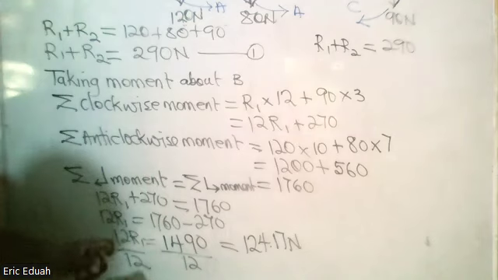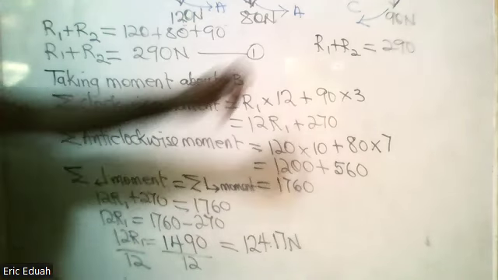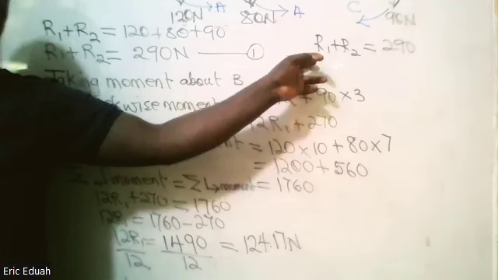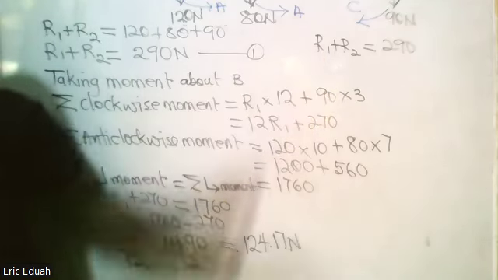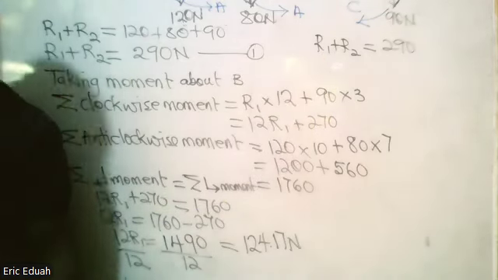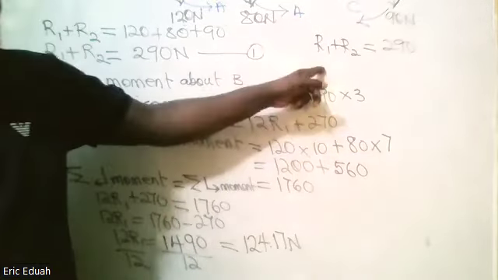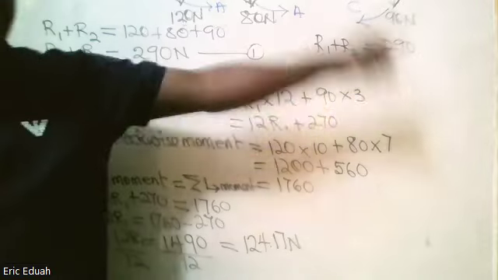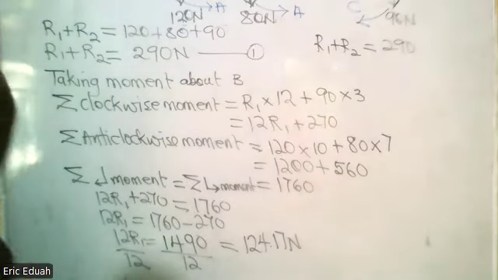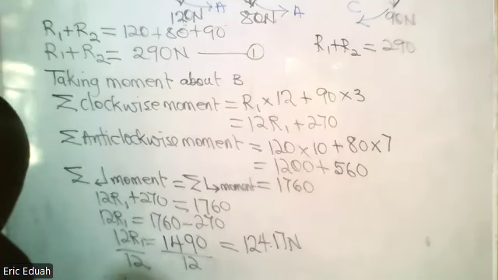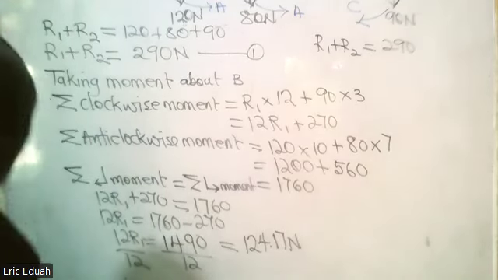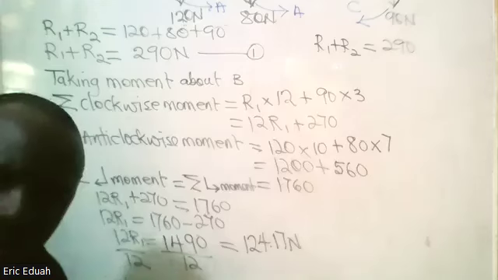Supposing you get R1 wrong, you will not see that R1 is wrong, because you are equating the upward forces to 290, so once you have one of them, you get the other. But you won't be able to identify whether your answer is correct or wrong.